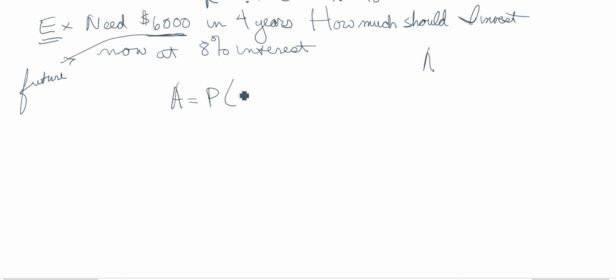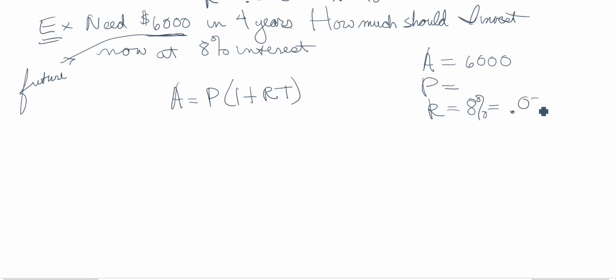A equals P times 1 plus RT. A is $6,000. P is what we don't know. R is 8%. Don't forget to change that to a decimal, 0.08. And T here is 4 years. This time when I substitute, I get 6,000 is equal to P times 1 plus 0.08 times 4.